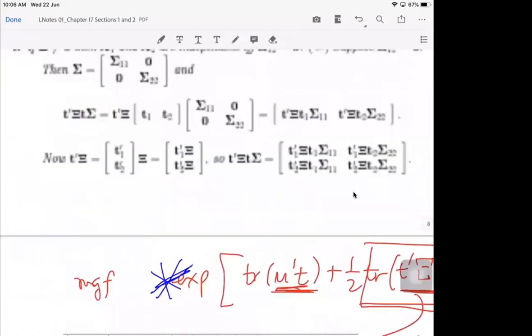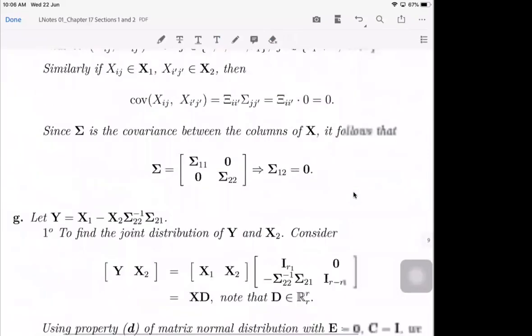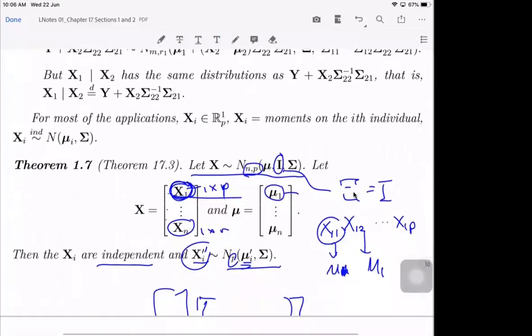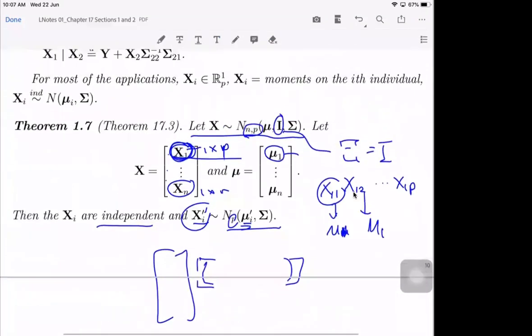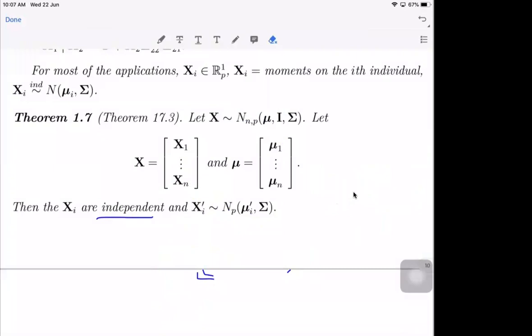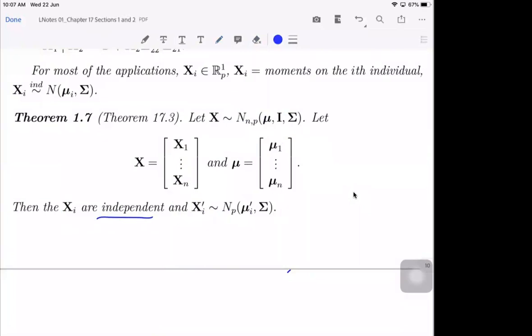Okay, so what do we want to see here? We want to prove here that if the x here are normally distributed, then each of the xi's are independent and it is normally distributed.